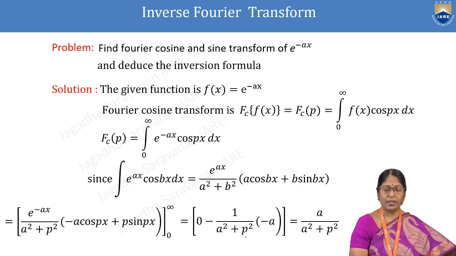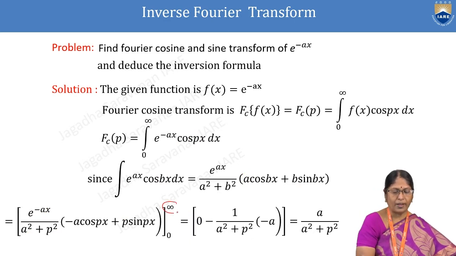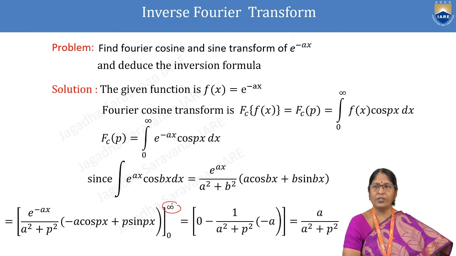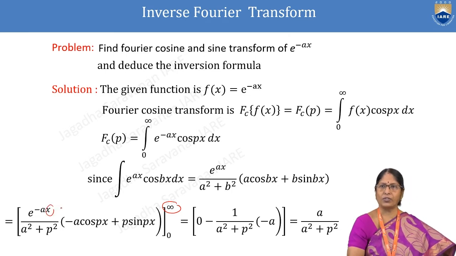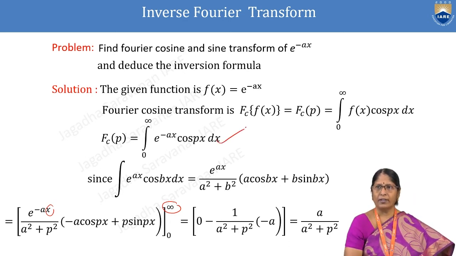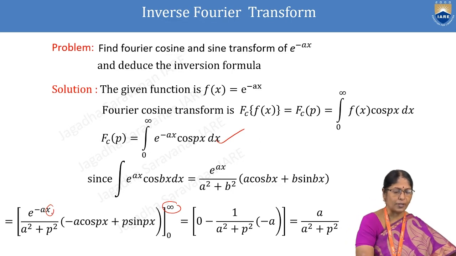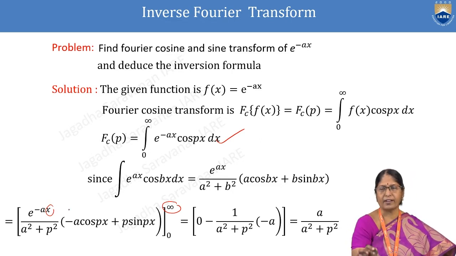So now we can see it here. We apply the upper limit, the value is infinity. In the place of x we have to substitute it, because we did the integration with respect to x. That is the reason we substitute the value infinity in the place of x.